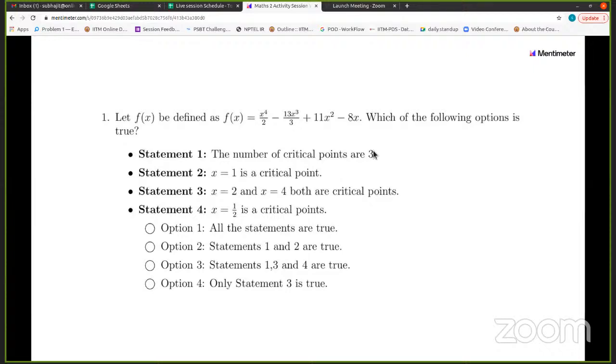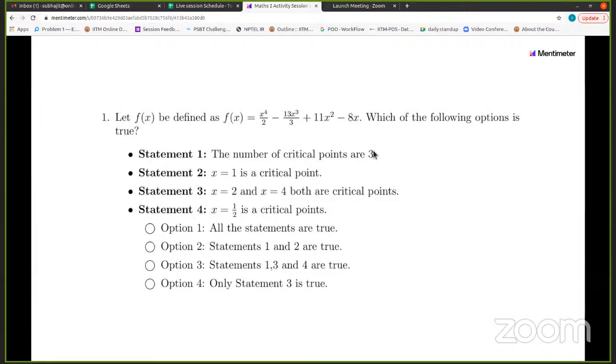Exactly. So the first derivative is a 3-degree equation, so the number of solutions will be 3, and these are the solutions: 2, 4 and half. Because it is not quadratic, it is a 3-degree polynomial equation, can we say that it definitely will have 3 critical points?